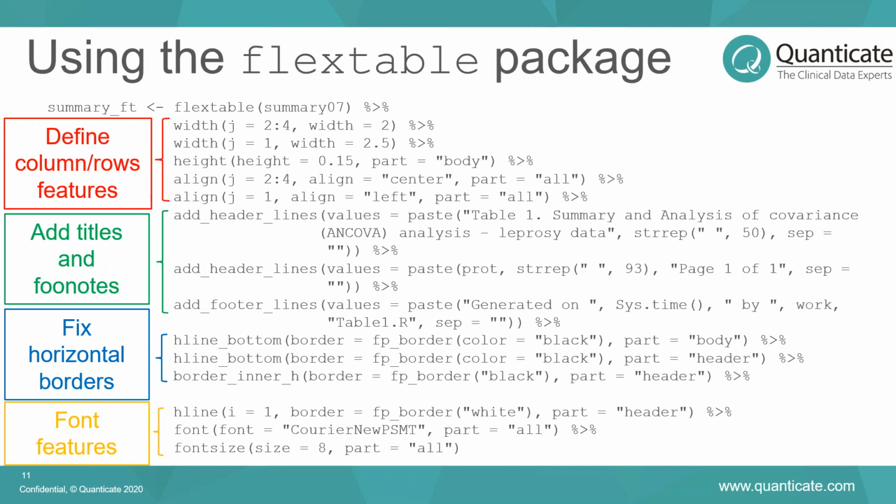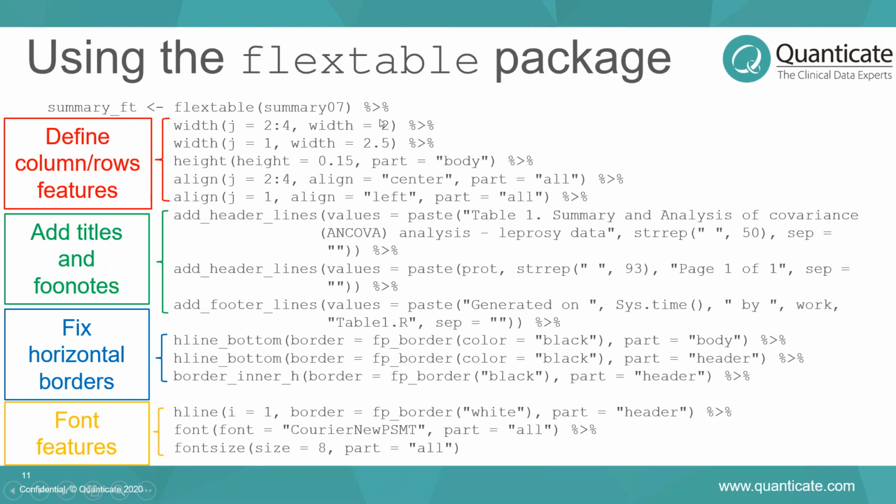Once we run this, and you notice that, the good thing about this package is that it allows the use of the pipe, like in the tidyverse set of libraries, which means that this function is being applied to the object created by this flextable function, and this is going to apply it to the result of this plus this and so forth.